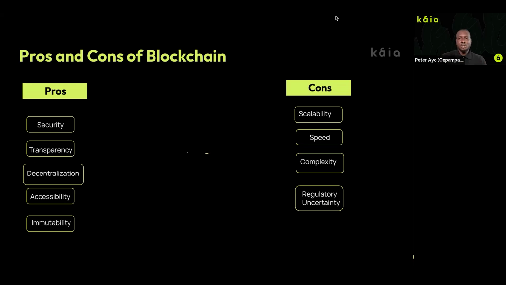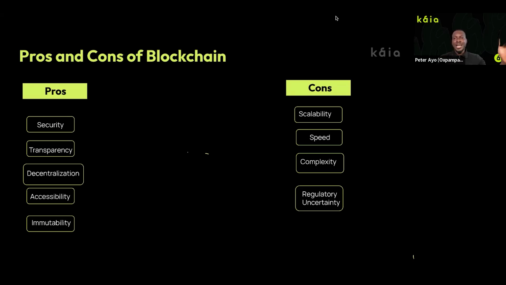The next on the list is transparency. When we say transparency, it means that every action, every step is publicly available to everyone, meaning that you can track both inflows and outflows, how an account sends a transaction from one point to the next, which hinders money laundering and corruption.